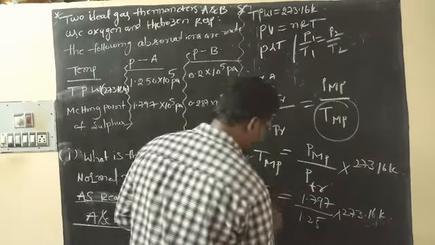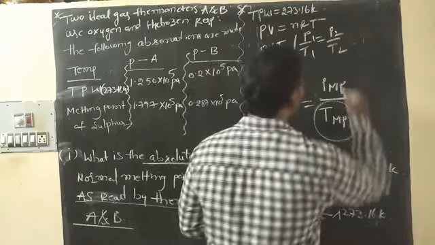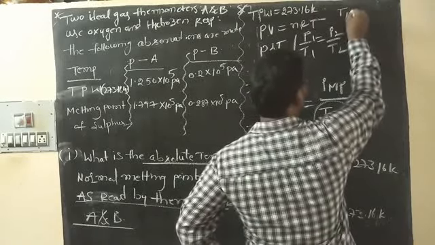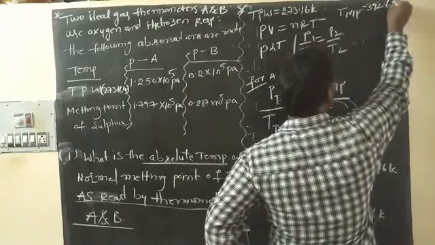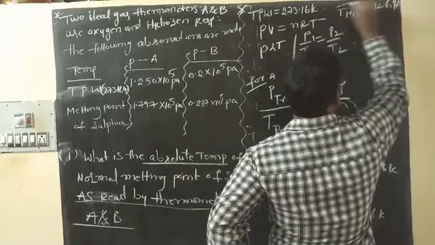So if you solve this, you will get 392.69 Kelvin.